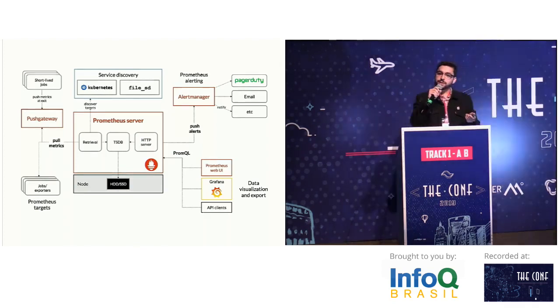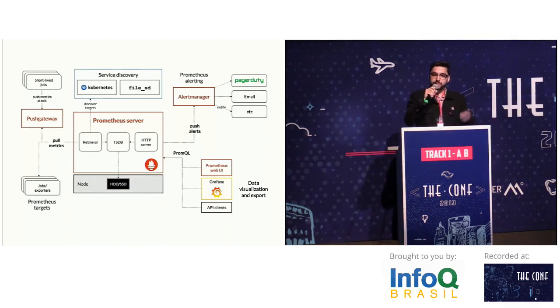They spin up a process, push this data to the push gateway, and then Prometheus can fetch this and persist it. It's normally persisting in memory. That's the idea, it's a memory database. But you can also configure it to go to the disk at some point and persist that.